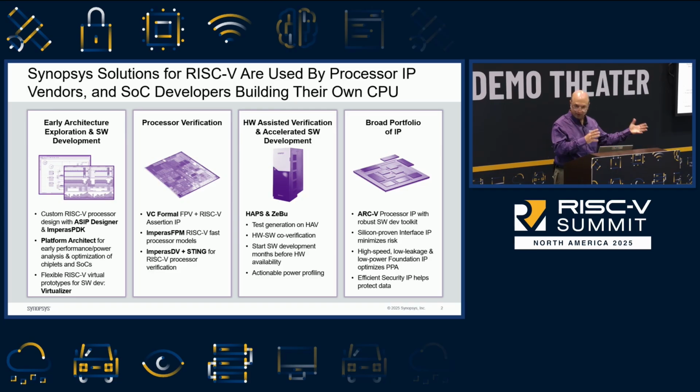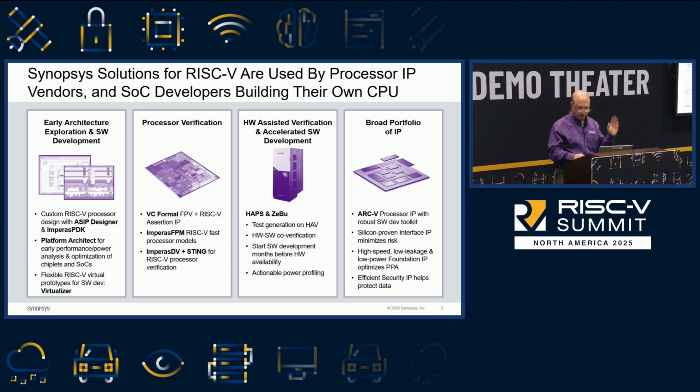And then, because we're Synopsys, we also have IP, so it's a full solution. We've got the tool side to help you with your development project, but also the ARC-V processors, the RISC-V processor IP. But as Synopsys, we also have other IP that can help you complete the rest of the SoC.